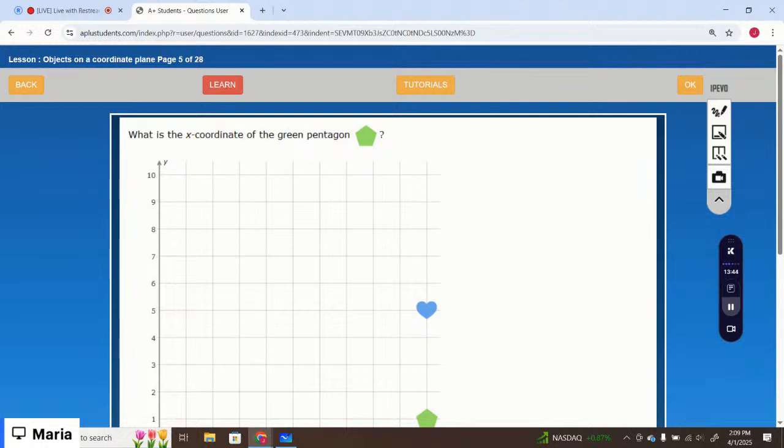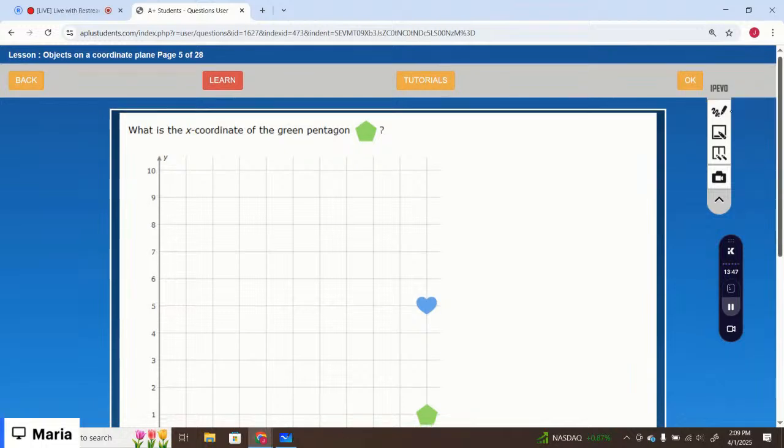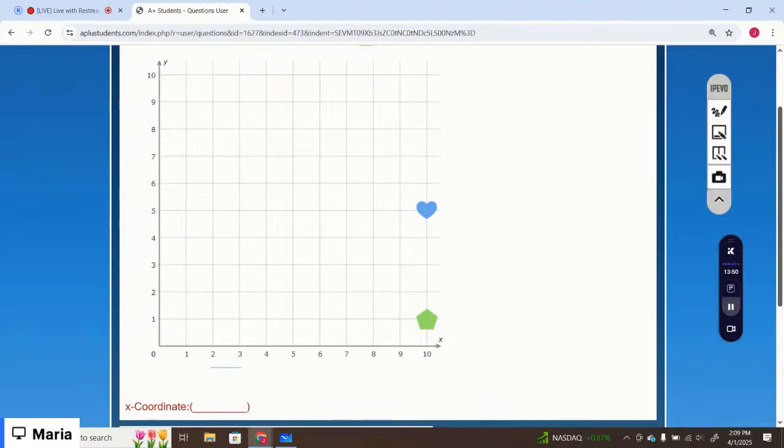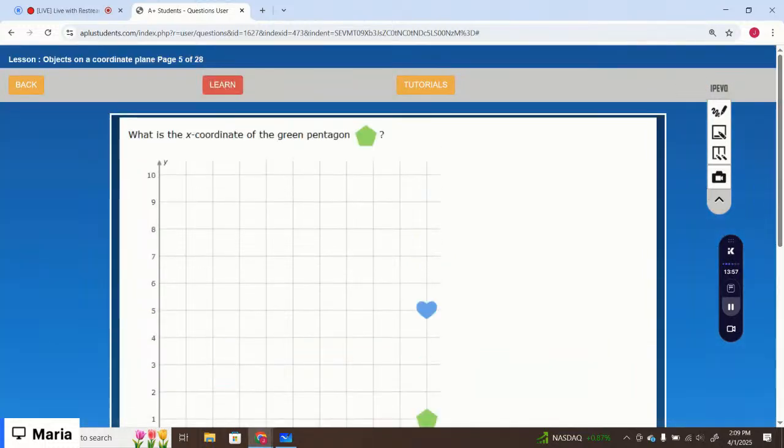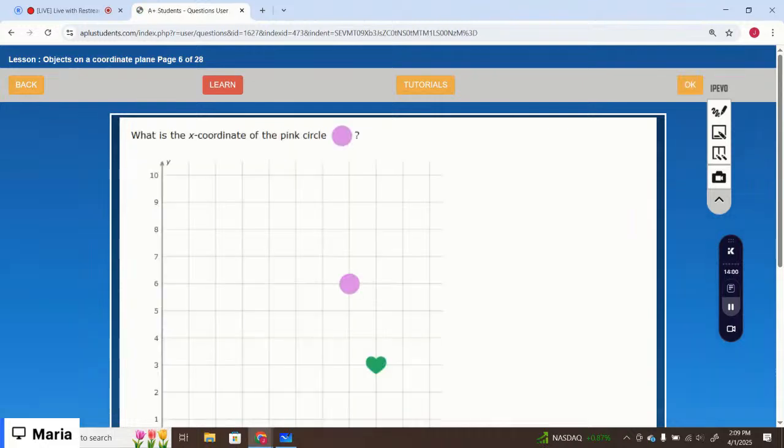What is the x-coordinate of the green pentagon? So here is the green pentagon. The x-coordinate of the green pentagon is 10. Option number 2 is the correct option. What is the x-coordinate of the pink circle?